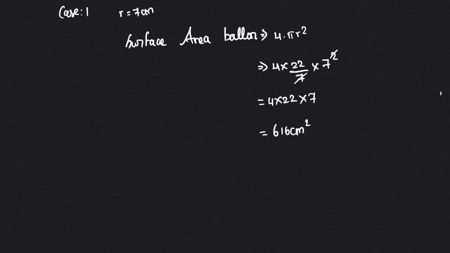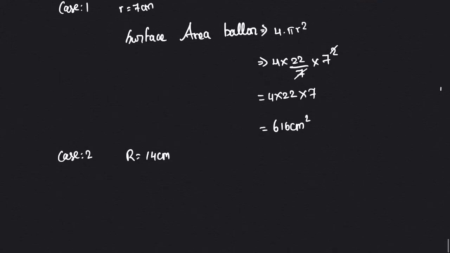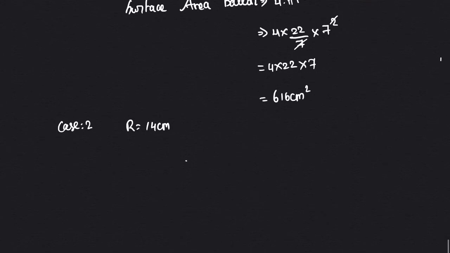Now move to the second case. The new radius I just mention as capital R. Maybe you choose any value, r1, r2, it's our convenience: 14 centimeter. The same concept, same formula. So the area is 4 pi r square. Then 4 multiplied by 22 by 7 multiplied by 14 square.